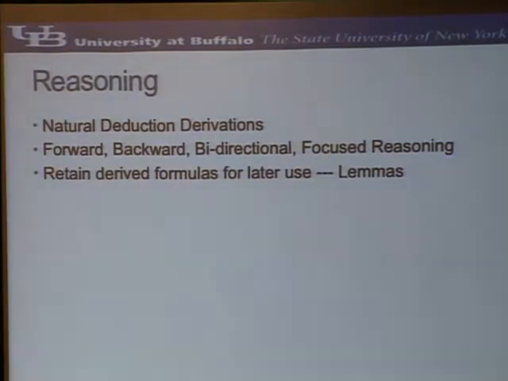We retain derived formulas for later use, a kind of lemma using, so this can shorten later formulas, and is one thing we get out of natural deduction reasoning as opposed to various styles of refutation reasoning in which you start off assuming what you want to be true to be false, and then of course everything you derive from that is based on the fact that what you really want to be true is false, and so you have to throw it all away when you're finished.